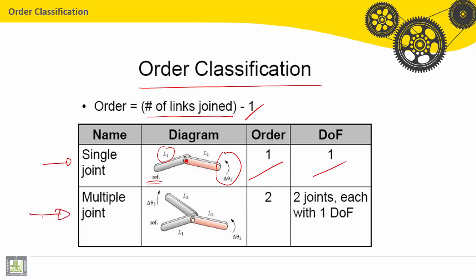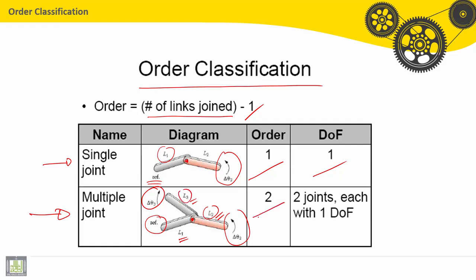For a multiple joint, here we have link 1, link 2, and link 3. The first link is the ground, it is the reference. So the second and the third link can make, according to the joint, delta theta 2, the motion angle for the second link, and theta 3, this is the rotational motion for link number 3.